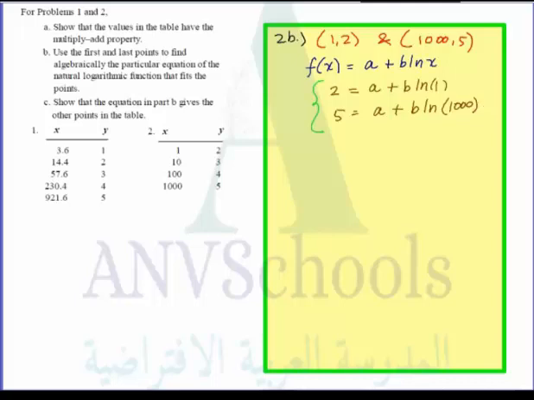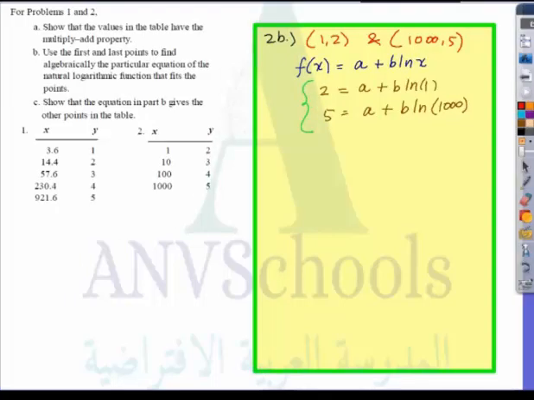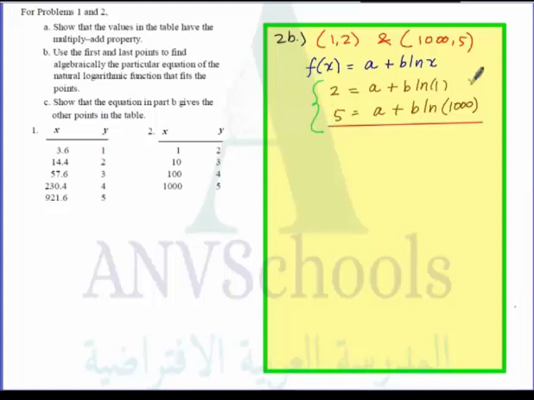Using again our method to get rid of the other unknown, we will subtract equation 1 from equation 2. So 2 minus 1. 5 minus 2 is 3.